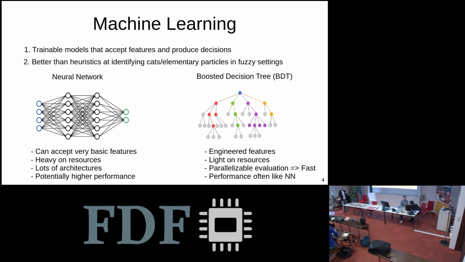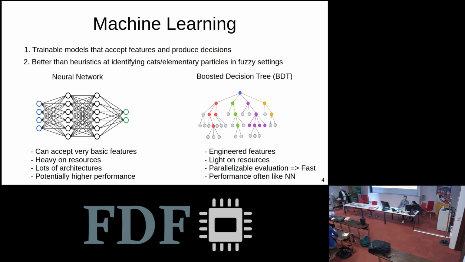It can accept very basic features, and it can figure out on its own what to look at in those features. As I already said, it's heavy on resources. It has lots of architecture choices, so it's actually difficult to hone in on a good architecture to do the job in an optimal way. But it probably has the highest performance compared to other models.